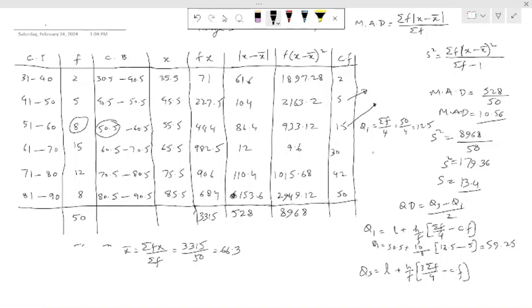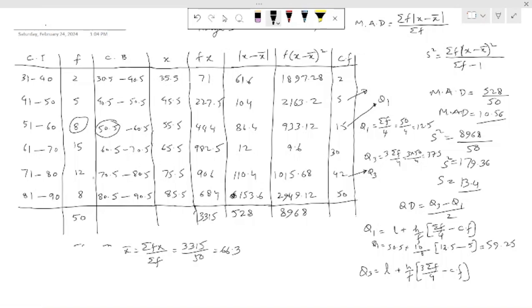And now for the third quartile, what we do for Q3, summation F divided by 4, which is 3 times 50 divided by 4, is 37.5. So we will now locate the group in which 37.5th observation may be located, and this is this one. So that's Q3 group, and this was Q1 group.